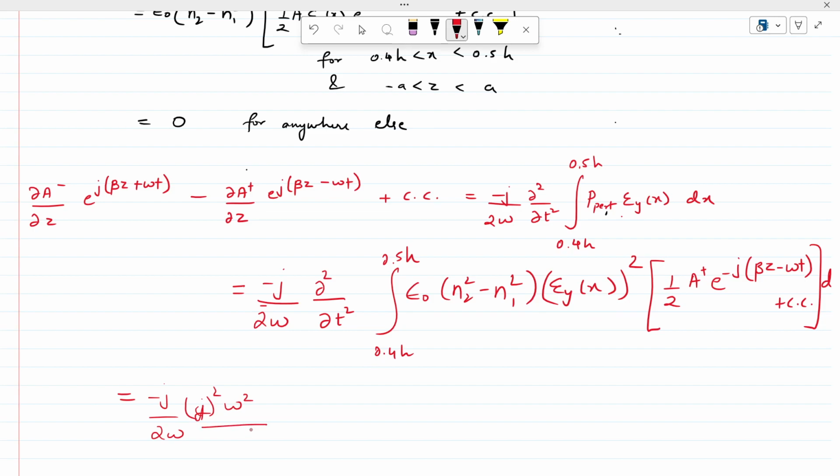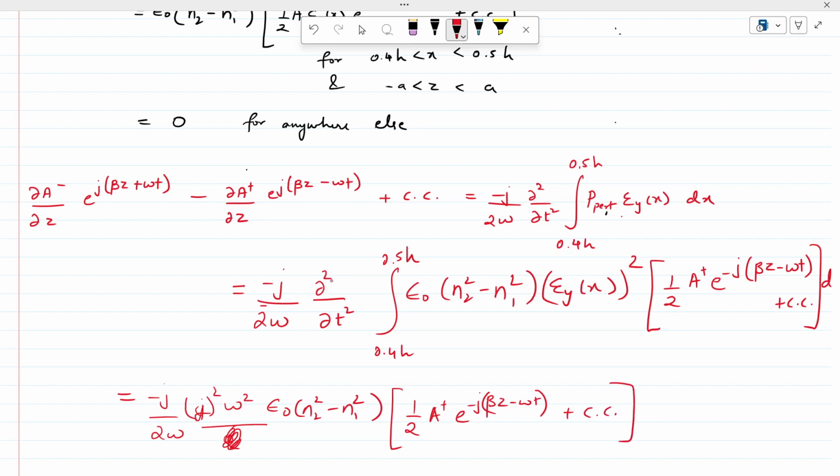So I'll just take out the omega square. Then epsilon naught and n2 square minus n1 square can also come out of the integral, times half A plus e power minus j beta z minus omega t plus cc.